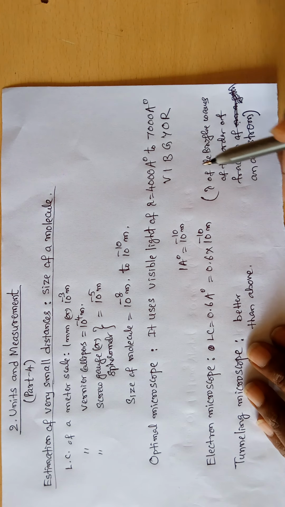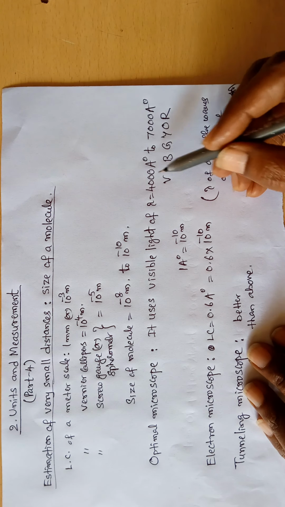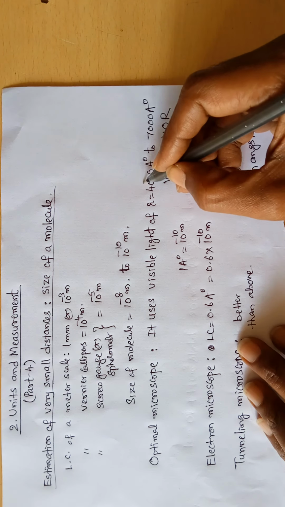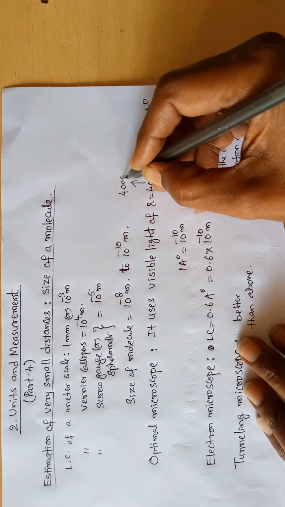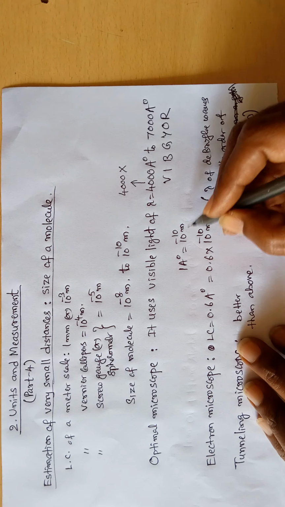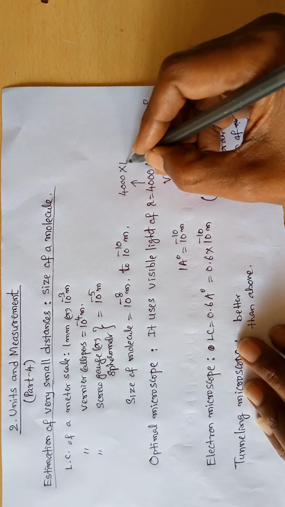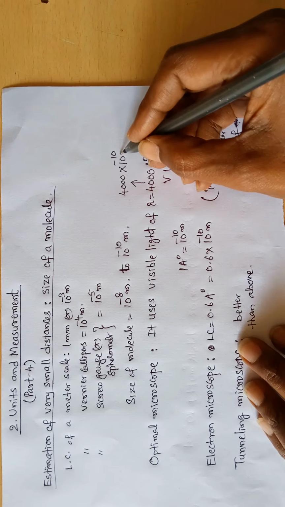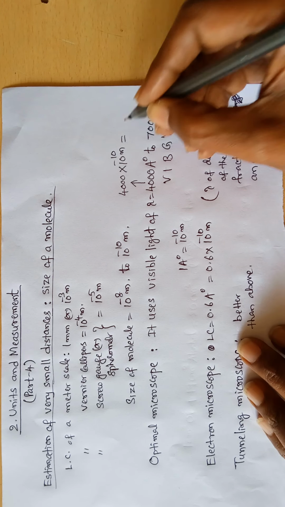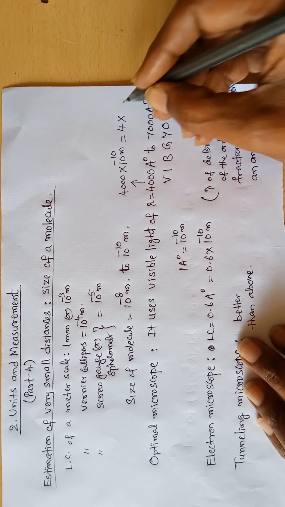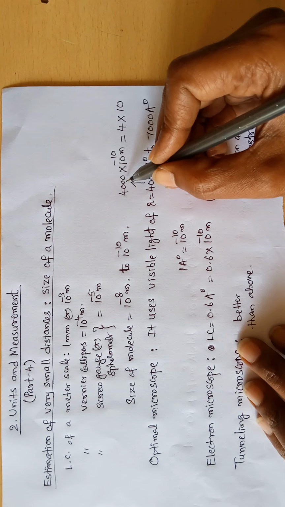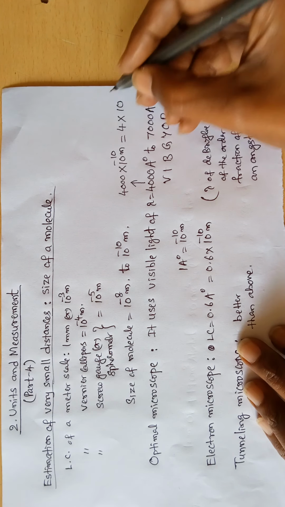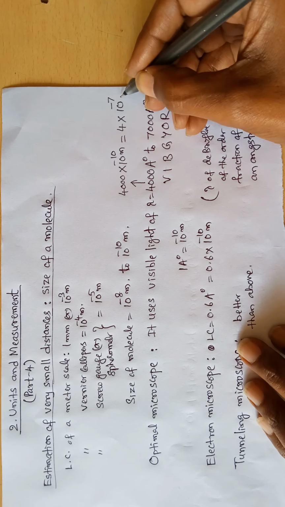Okay. Now, what is the wavelength of violet color? Let us see. 4000 multiplied by 1 angstrom, which is 10 power minus 10 meters, gives 4 into 10 power 3, and 3 minus 10 gives 10 power minus 7 meters.